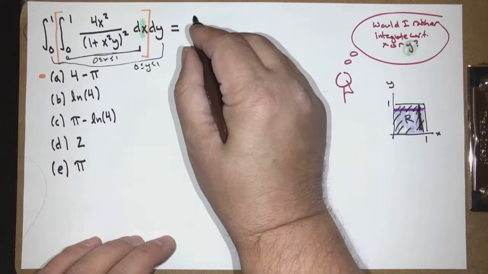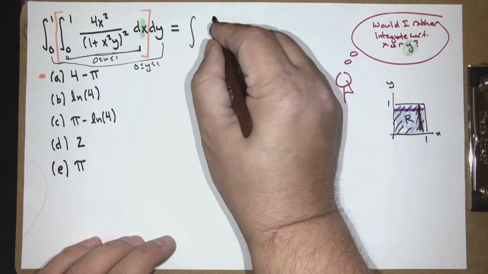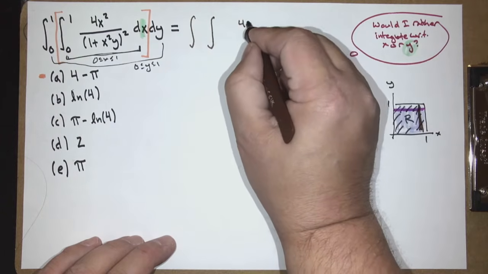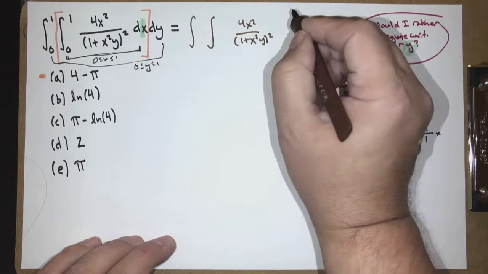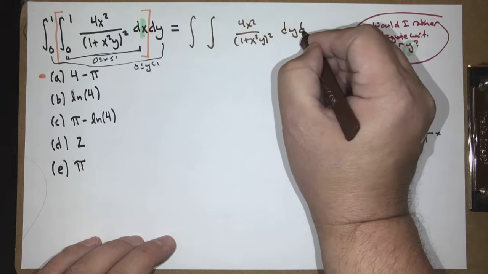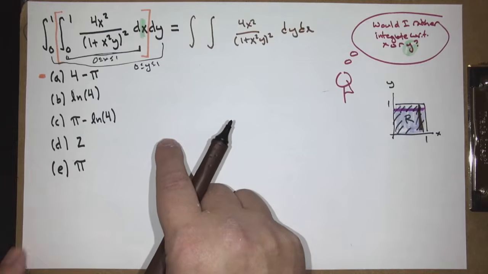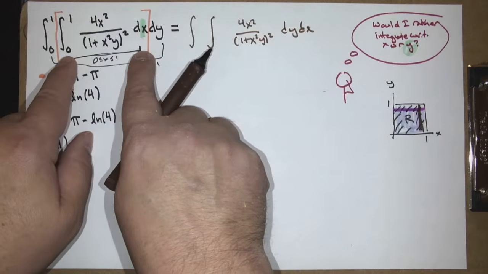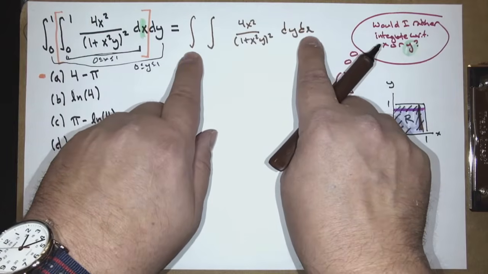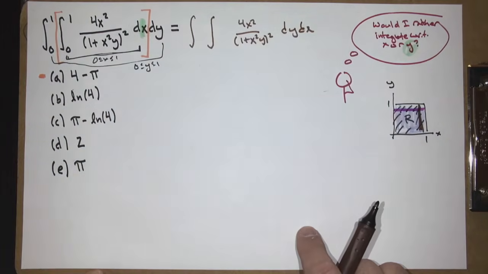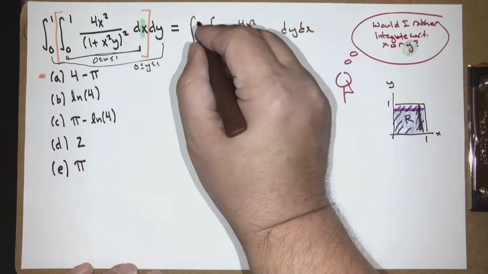So we're going to do an integral again. Same function, that hasn't changed, but change the order. Previously, x went from 0 to 1, and now x will go from 0 to 1.